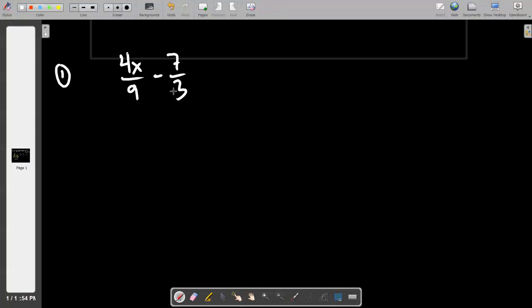4x over 9 minus 7 over 3. This isn't one where we really need to get down to the nuts and bolts and start prying things apart. I mean, you're in high school, you know what the least common denominator of 9 and 3 is. What'd you say? What's the least common denominator of 9 and 3?